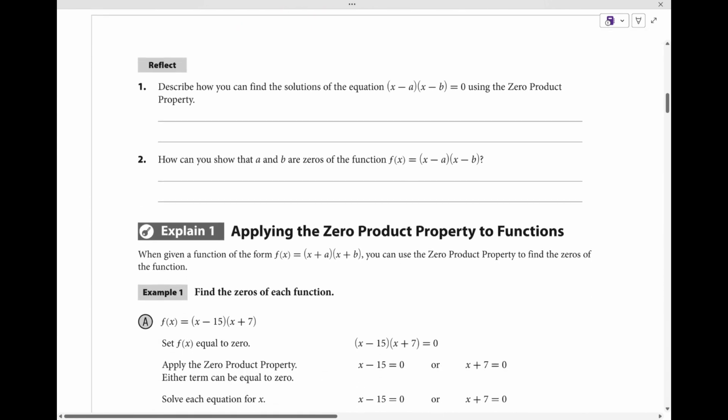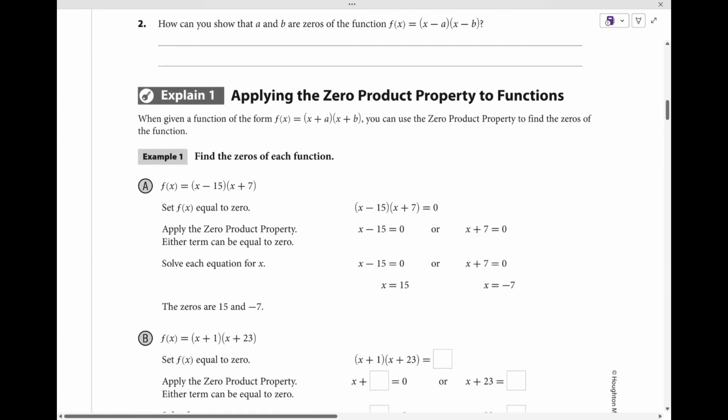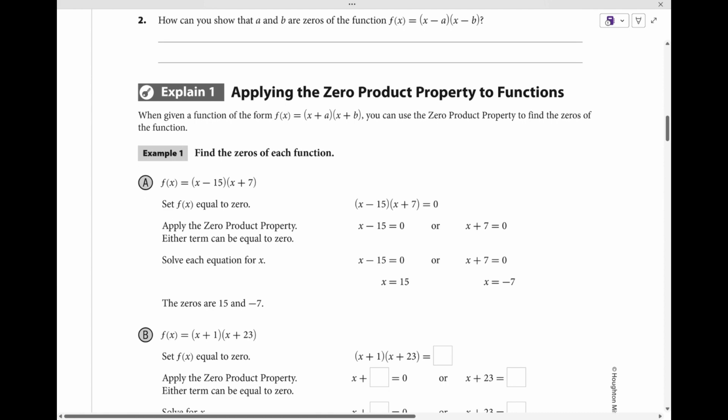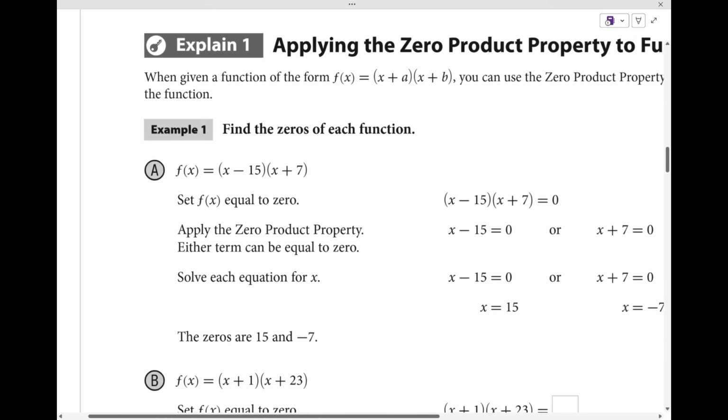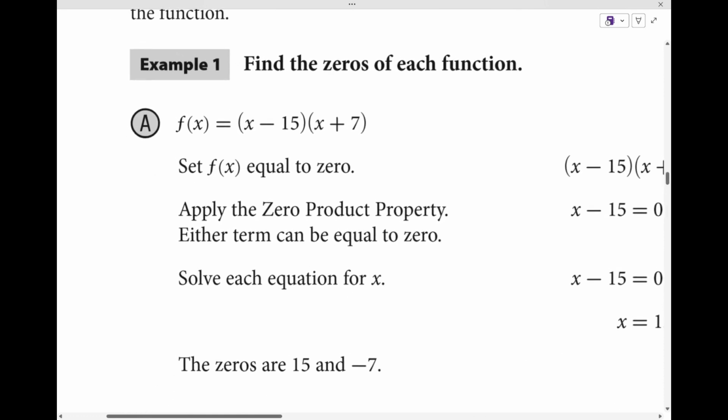So let's apply this property a few more times. We have this function a, we have x minus 15 and x plus 7. If we're looking for the zeros of this function, that means I want to find what x values I need to make this equation true, equal to 0.